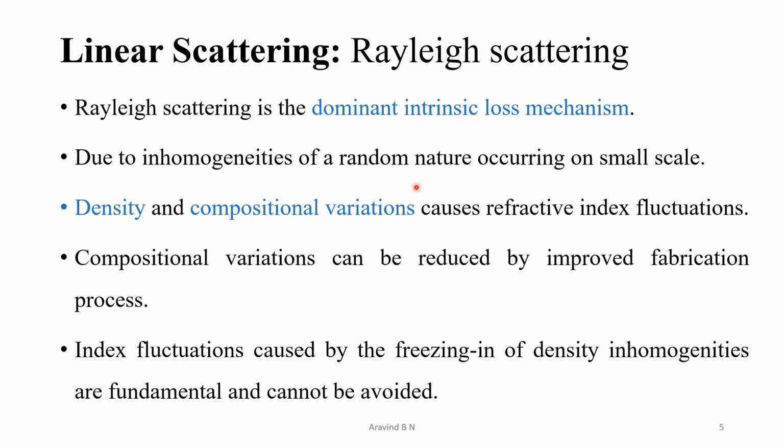This results from inhomogeneities of a random nature occurring on a small scale compared to the wavelength of the light. And these inhomogeneities manifest themselves as refractive index fluctuations and arise from the density and the compositional variations which are frozen into the glass lattice while cooling.